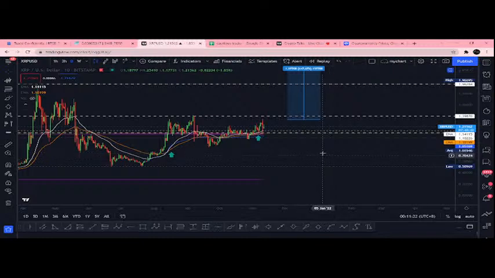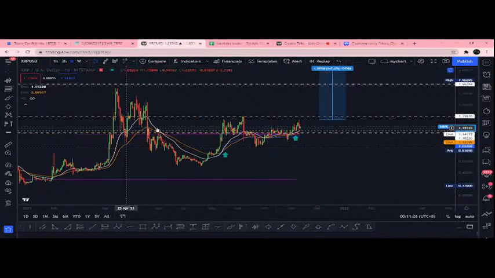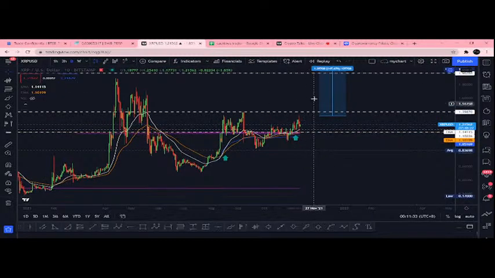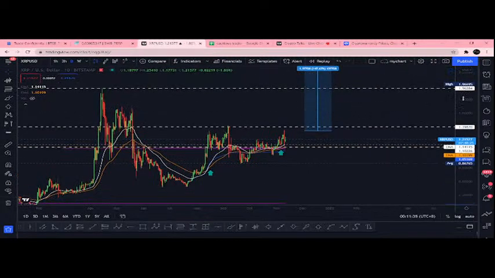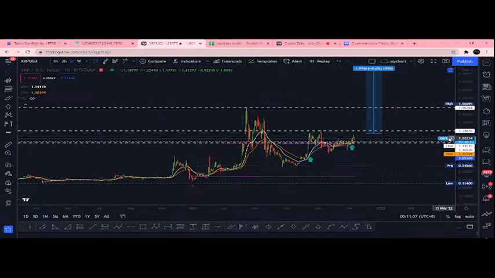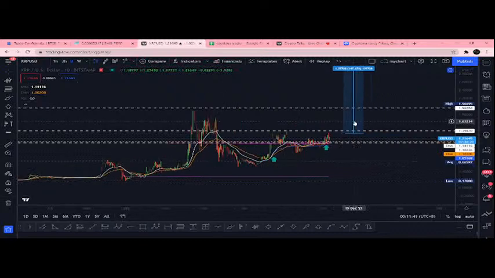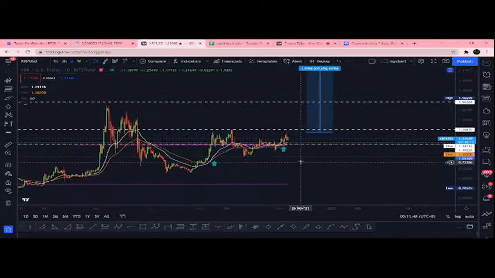One of the reasons why nagre-long ulit ako is I think the 1.10 is really a very strong support area. So it just needs a catalyst for it to move higher. And if you compare it with the rest of the altcoins out there, it's been lagging as to returns, and I think it needs to catch up a bit.